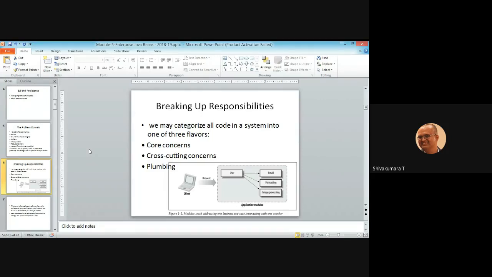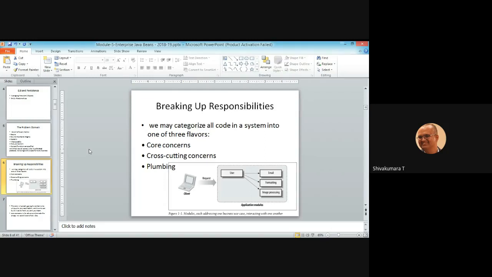Every bank's basic operations are the same, but one software is unable to handle all the banks. Every bank has its own core functionalities to provide basic services to customers, and the core concern handling team should take the responsibility of developing the core functionality.